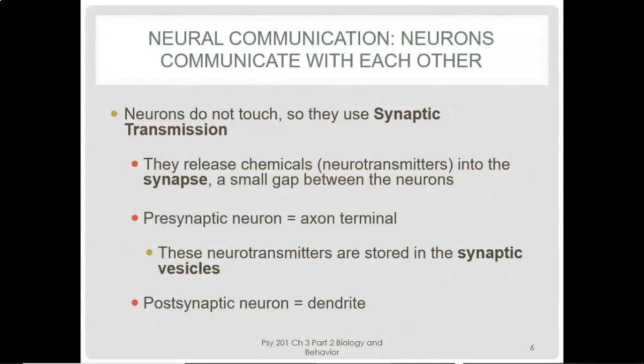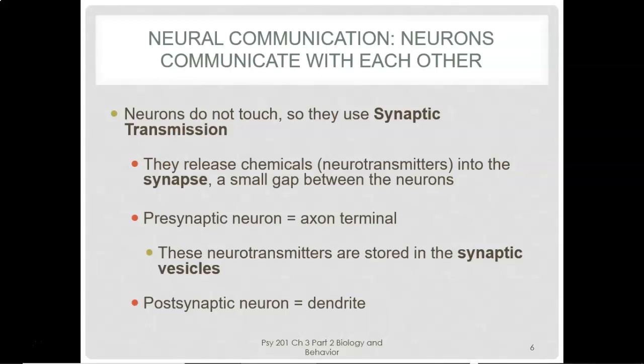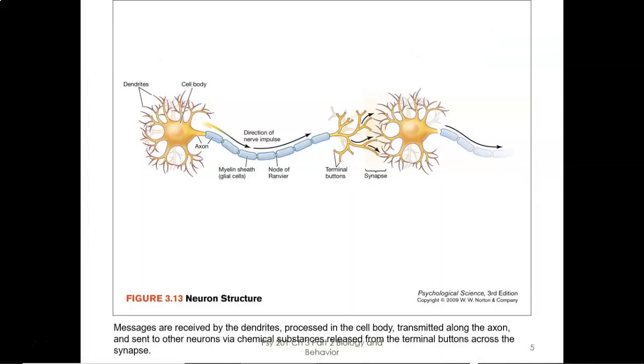Our presynaptic neuron is the axon terminal from neuron A. Our postsynaptic neuron is the dendrites on neuron B. Neuron A is called our presynaptic neuron because it's the one before the synapse, and neuron B is called the postsynaptic neuron.